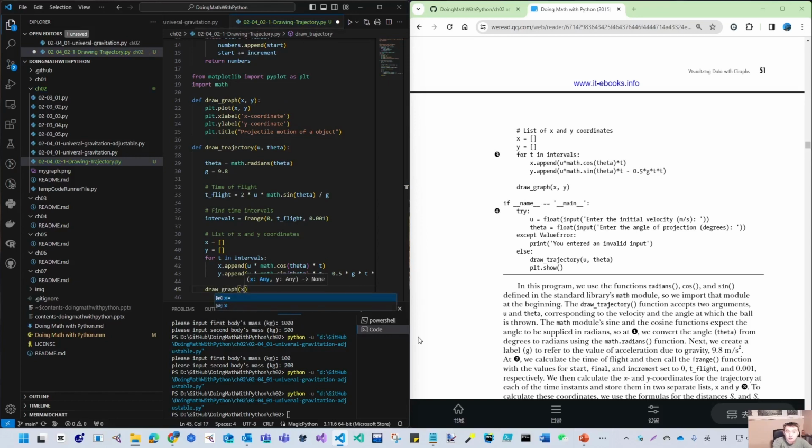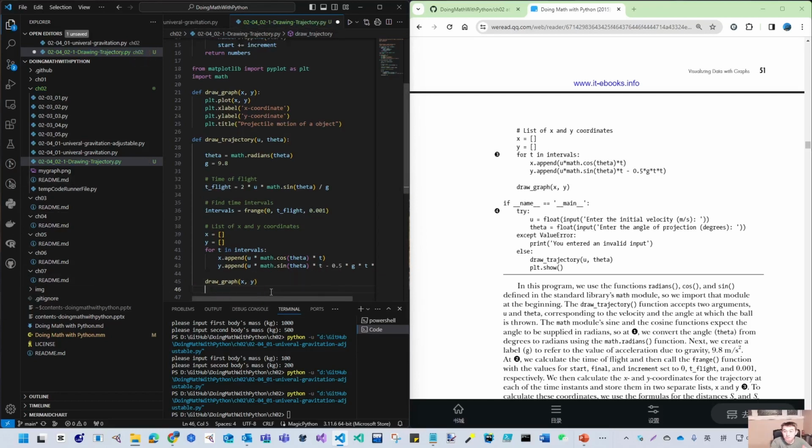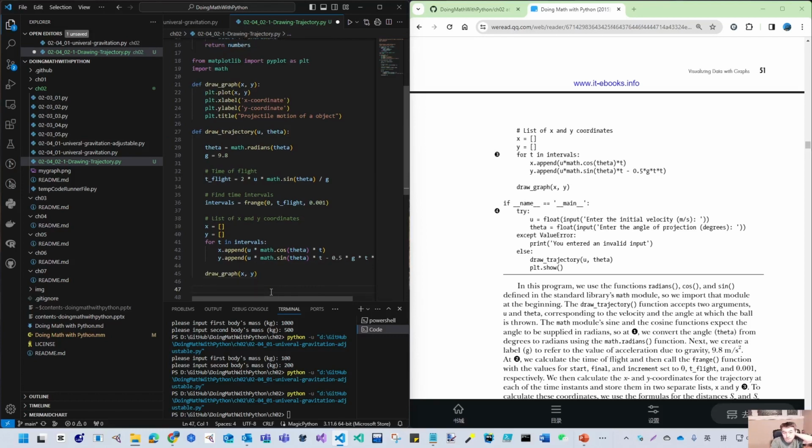And after that, we will call this draw function, draw graph. Now we almost finish. The only thing is we will give those inputs, and then finally show. Through this draw, we already have the plot.